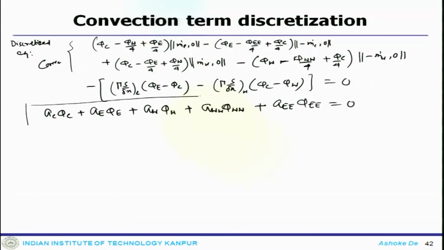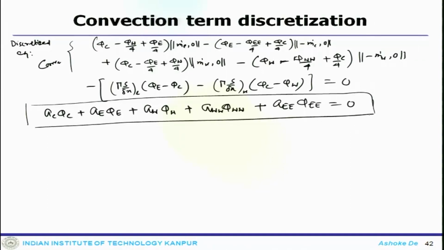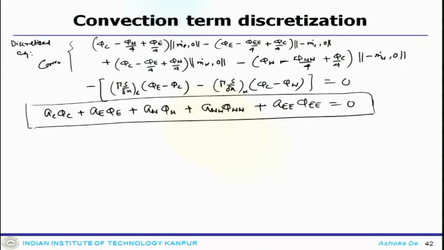The fact which remains the same in finite volume is that once you get a discretized equation, they look exactly similar for different schemes. So, if you have one discretization in place, one can just use different coefficients, and you have a different scheme in place.